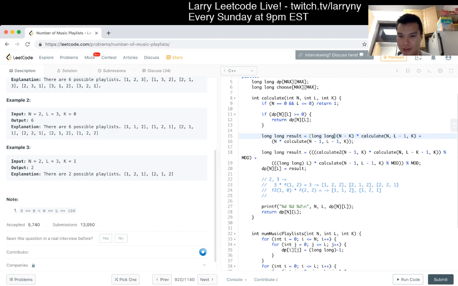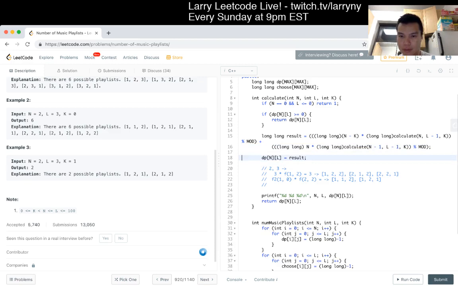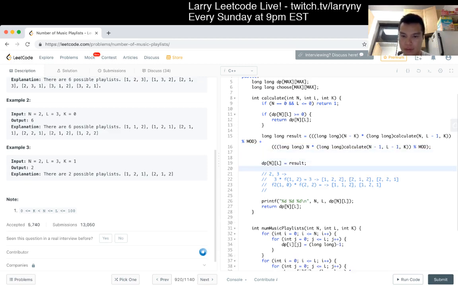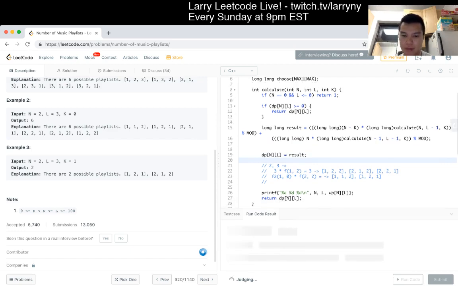But this is roughly more right, but now that I think about it, I think my base case as well.